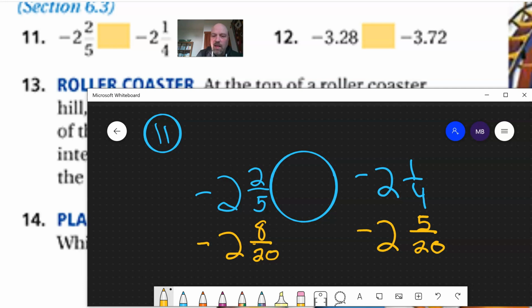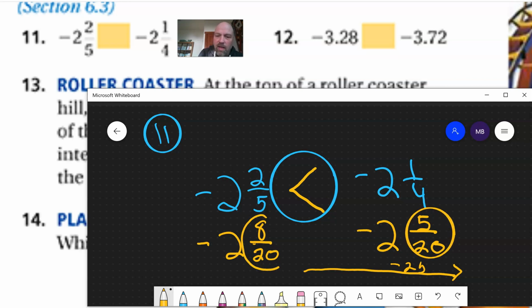So now it's a little easier, but I still have to be careful. Which is greater, -2 and 8/20, or -2 and 5/20? Ordinarily, 8/20 would be greater, but I know that on my number line, since we're negative, the big mouth goes to the bigger number. -2 and 5/20 is closer to 0 than this.